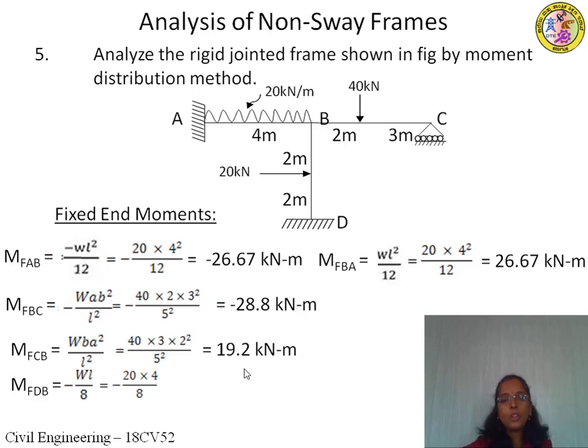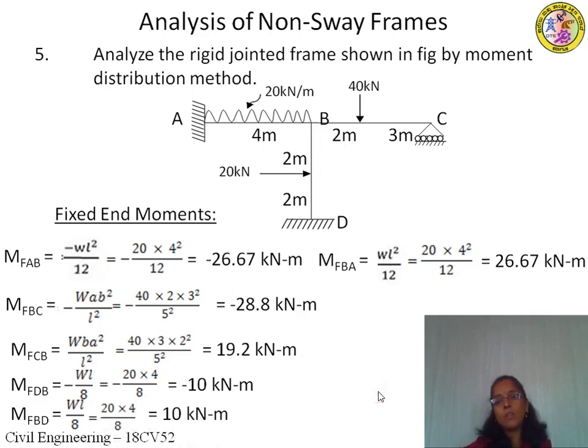So if you substitute it, minus 20 into 4 divided by 8. So that will be equal to minus 10 kilonewton meter. Similarly, MFBD is calculated by plus WL by 8, and that will be equal to plus 10 kilonewton meter.